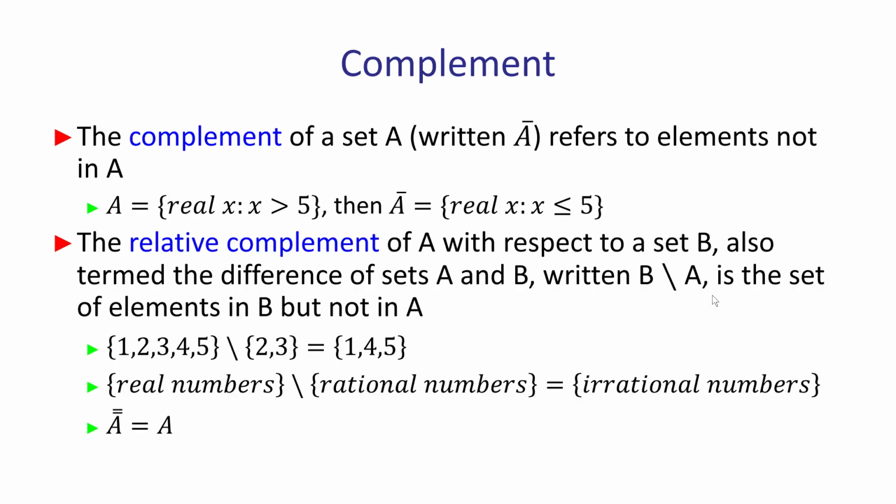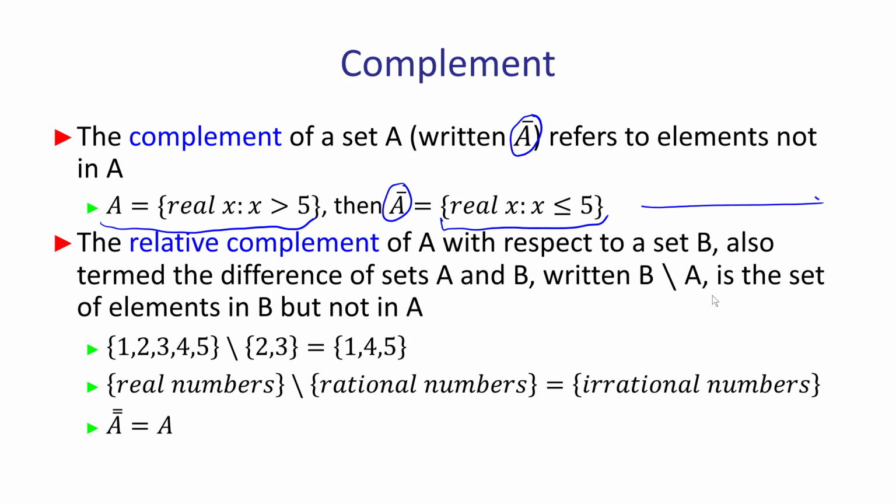Another useful operation with sets is complement. Technically, it means everything which is not in A. The complement of set A, also denoted by a small bar above the set, refers to elements which are not in A. For example, if A are all real numbers which are larger than 5, then complement of A in real numbers will be such real numbers which are smaller or equal to 5.